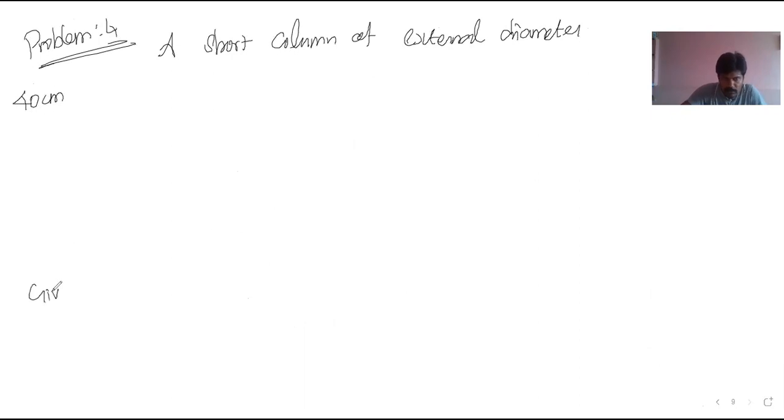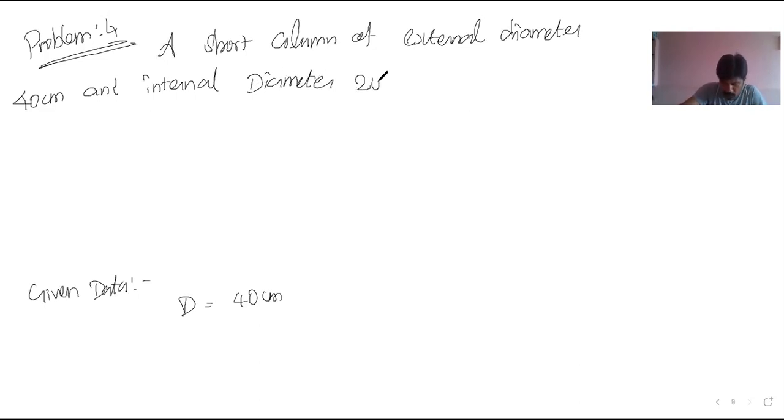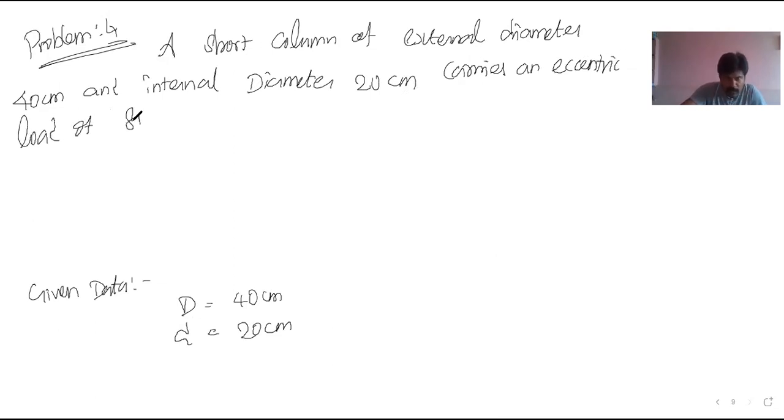So external diameter capital D is equal to 40 centimeter and internal diameter is equal to 20 centimeter. It carries an eccentric load of 80 kilonewton. So P is equal to 80 kilonewton.